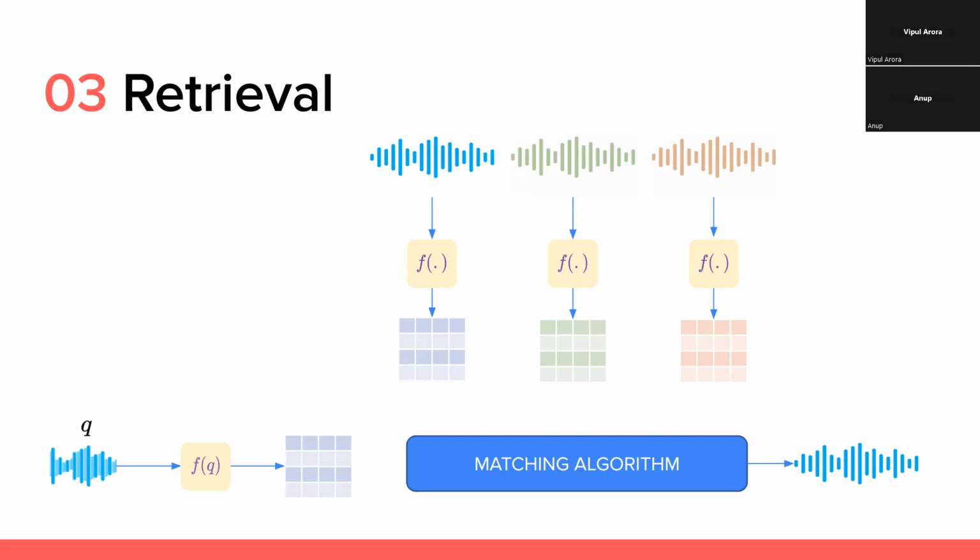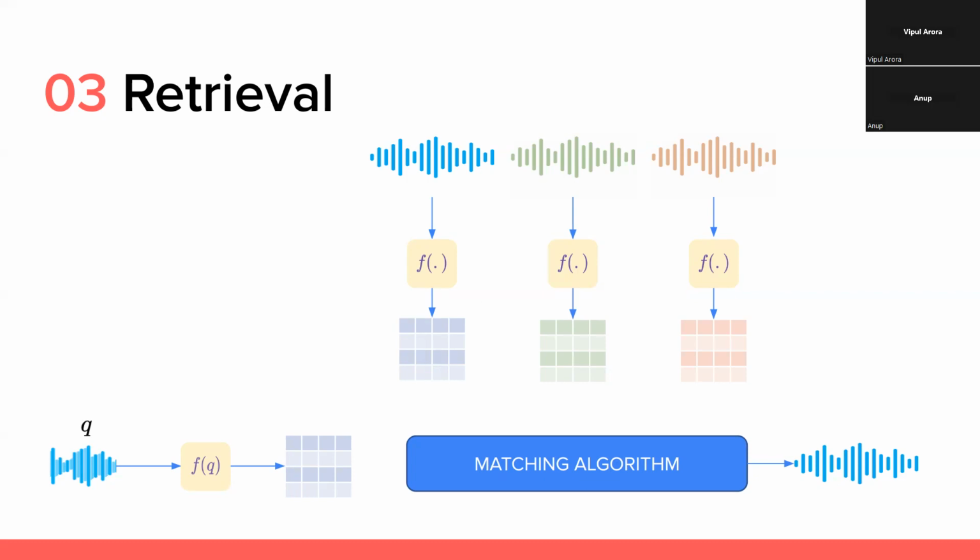We have a pre-trained model at hand and an audio query, and you compute its fingerprint, so you have one embedding or representation of that query audio. You also have a lot of audio files in your database. Using that pre-trained model, you compute their fingerprints and store them in some way. You do this process of computing fingerprints from all your reference data files offline.